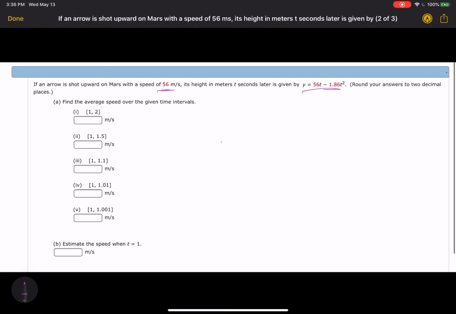Its height h in meters t seconds later is given by y equals 56t minus 1.86t squared. Those are just funky numbers we can ignore at the moment. But that tells us that our height h of t is equal to 56t minus 1.86t squared.